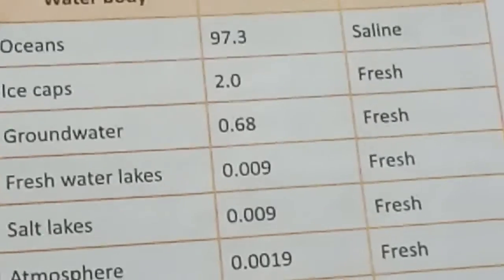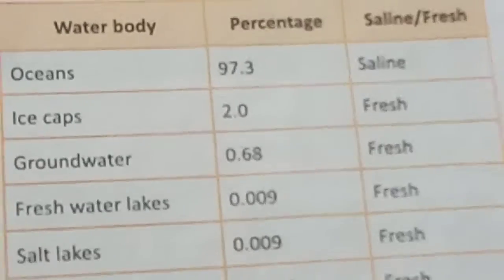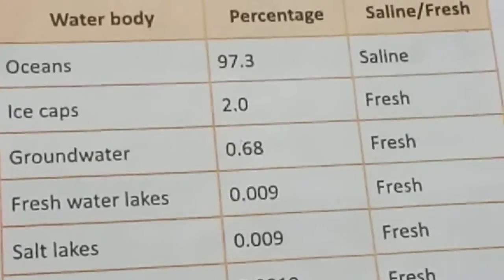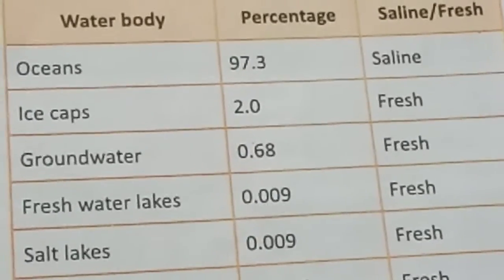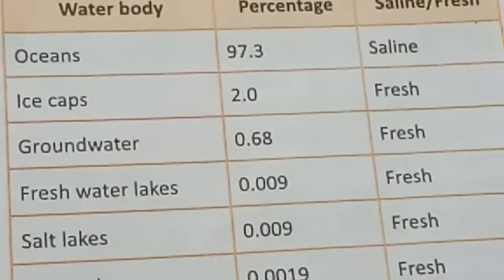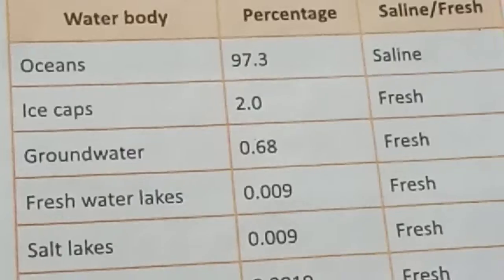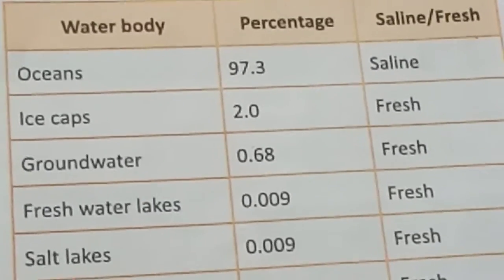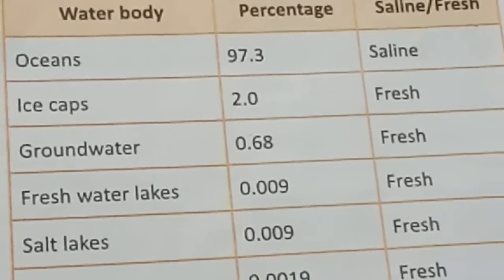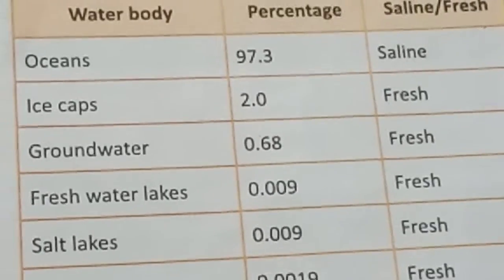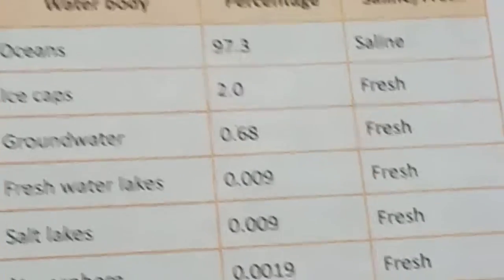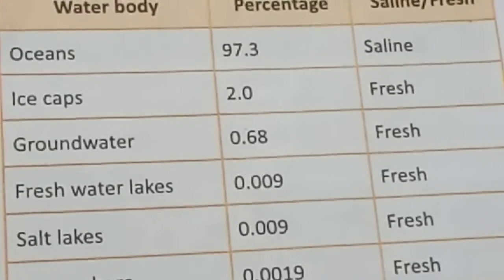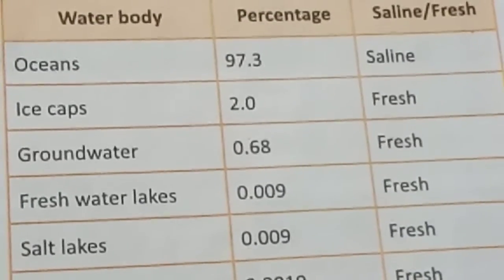So students, in the ocean there is saline water and the percentage is 97.3. In ice caps, the percentage is 2.0, and we get fresh water from ice caps. Groundwater, the percentage is 0.68, and which type of water is found underground?